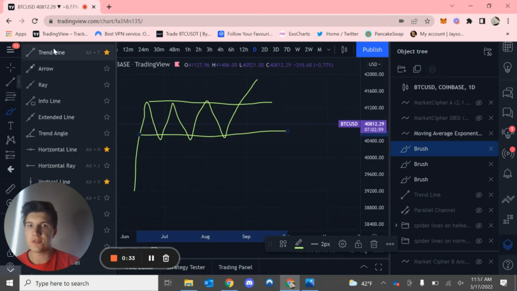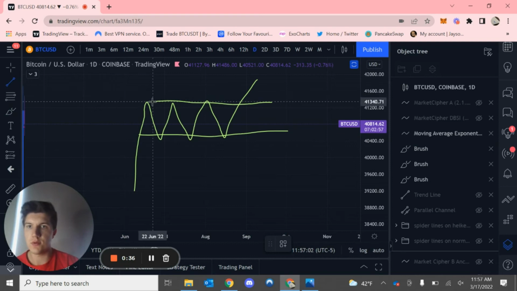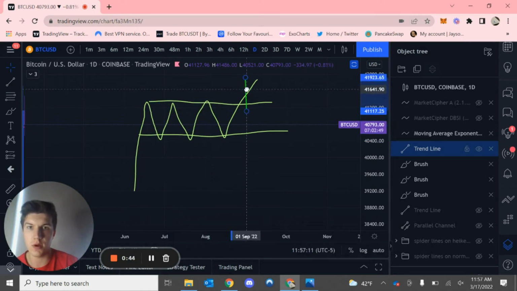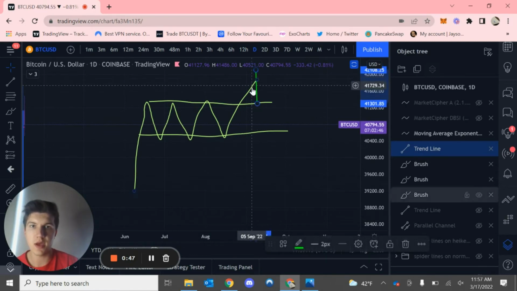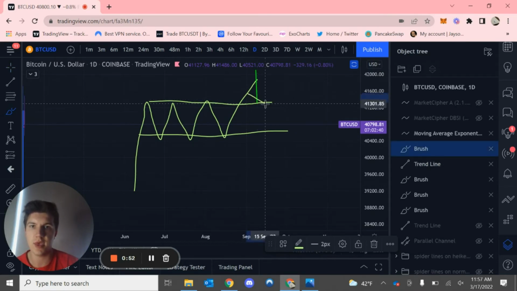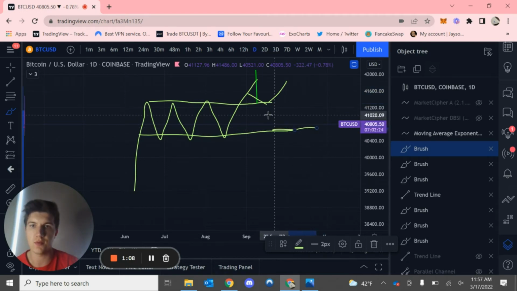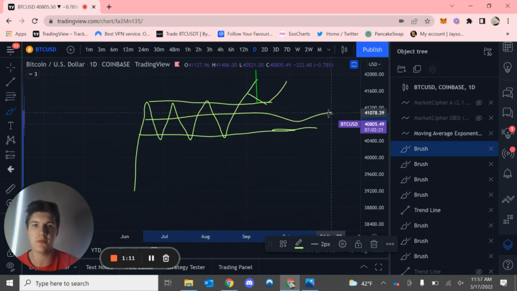And then lastly, once this starts breaking out of the resistance, what you can do is again take a trend line and draw the height of this rectangle, put it on top of the breakout, and then just wait for the retest of that resistance as it becomes support now, and set this length of the trend line as your take profit. Then what you can do is set your stop loss down in this area just in case, or subjectively you can set it for the middle of the range.